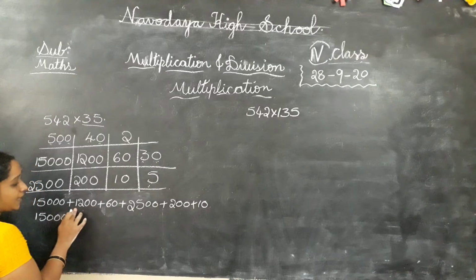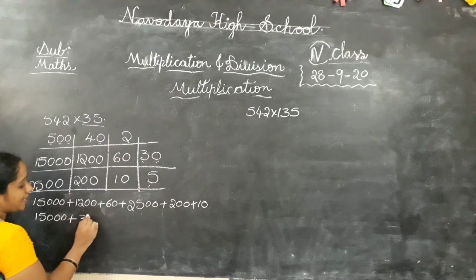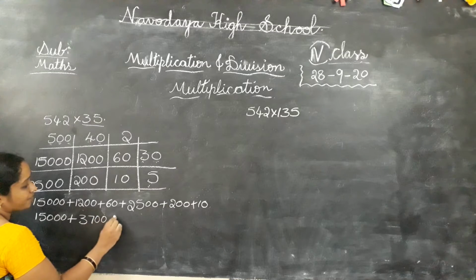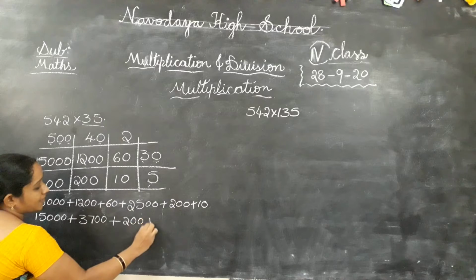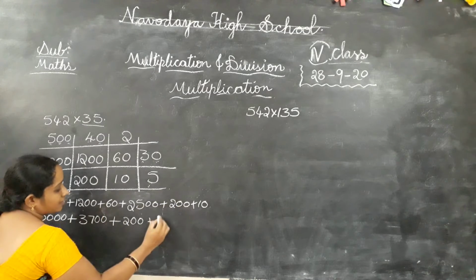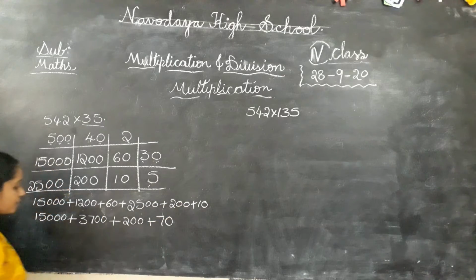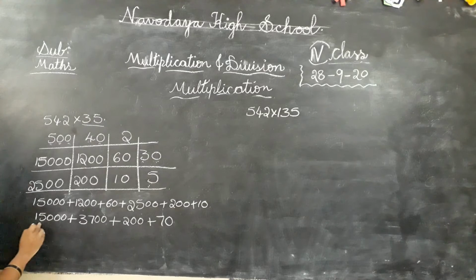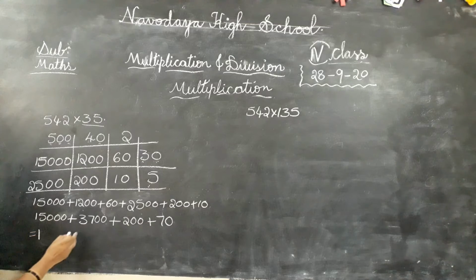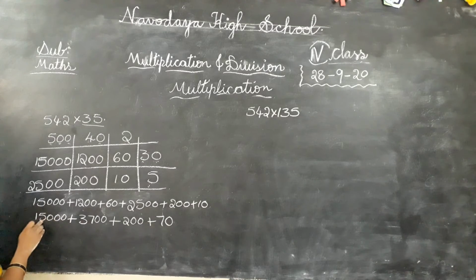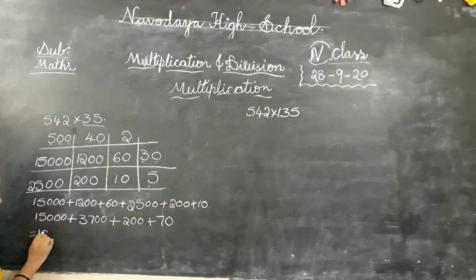How much? 3,700 plus 200 plus 60 plus 10, 70. Now add 15,000. So 10,000. Here 3000 plus 5000 how much?